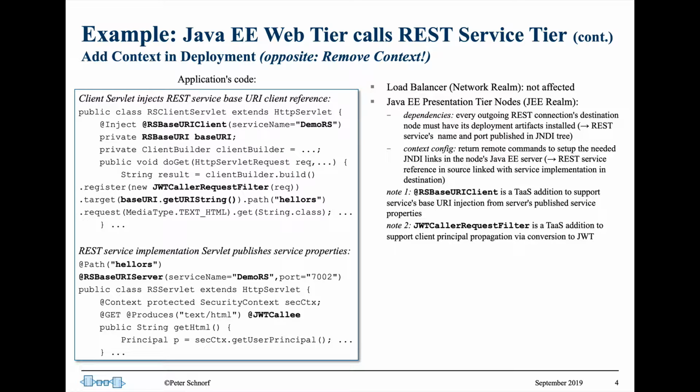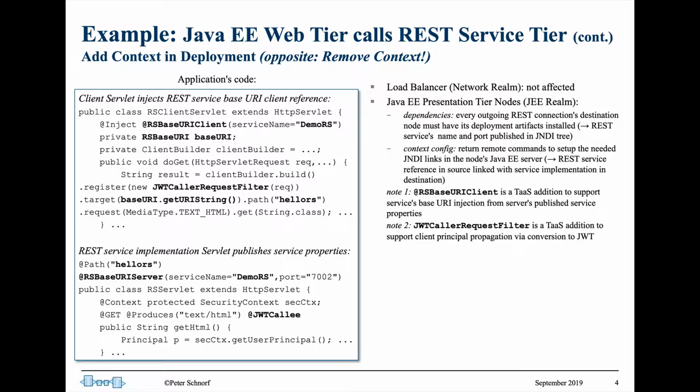Only then can we actually do the context configuration, which consists of remote commands that set up the needed JNDI links, similar to the HAB setup before in the node's Java EE server.